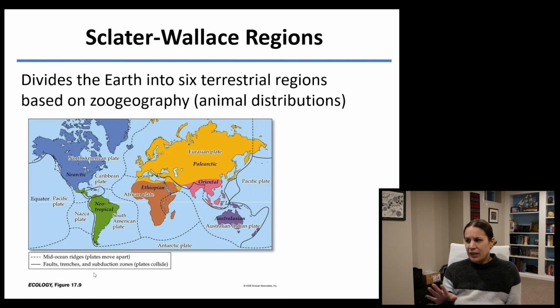The Oriental and the Australian regions we already talked about, that's Wallace's Line that separates them. But see if you can guess what separates the Neotropical region from the Nearctic, what separates the Ethiopian region from the Palearctic, and what separates the Palearctic from the Oriental.